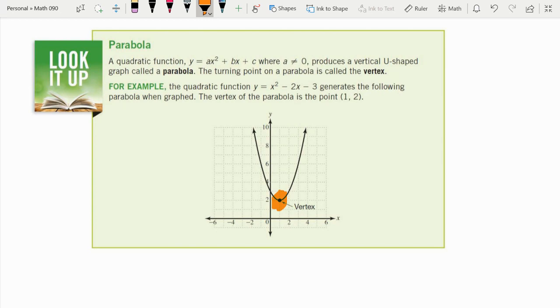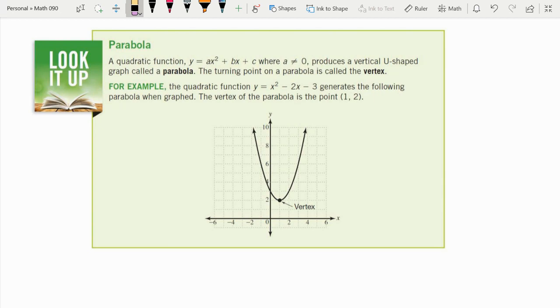Since the vertex is right in the middle, we refer to it as the line of symmetry. The line of symmetry goes right through the vertex. You'll notice later on, once we start graphing these things, the line of symmetry helps out a whole lot. And let me try to keep this thing clean a little bit and then mark it all up.